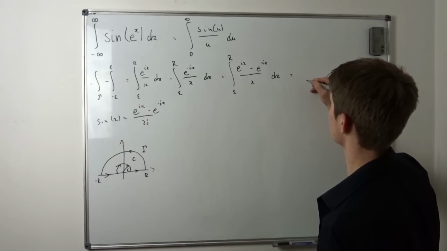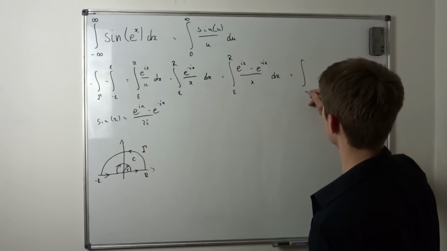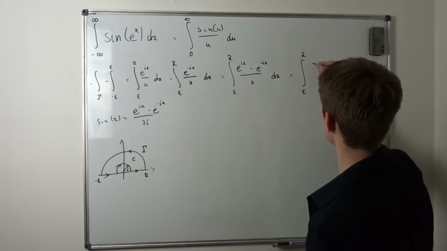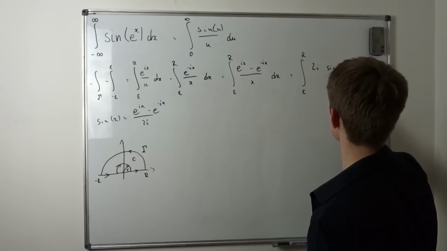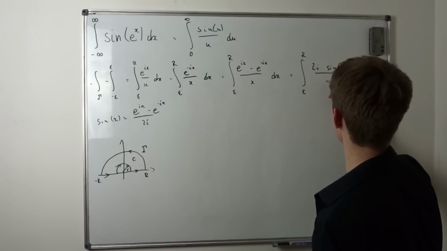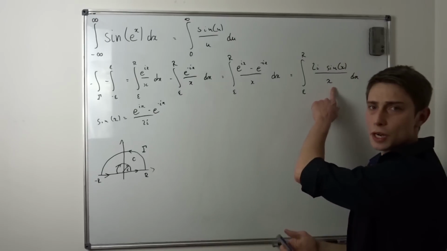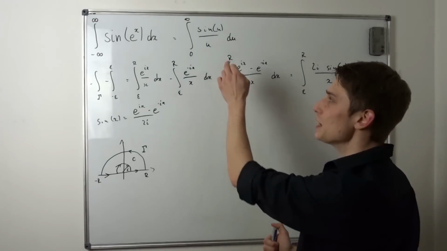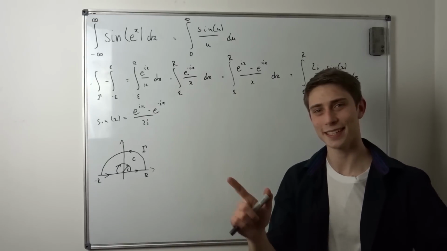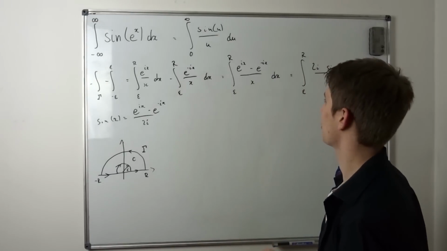So we can rewrite this. So that's just the integral from epsilon to r of 2i times the sine of x over x dx. And this right here is nearly our integral right here. So that's pretty great.